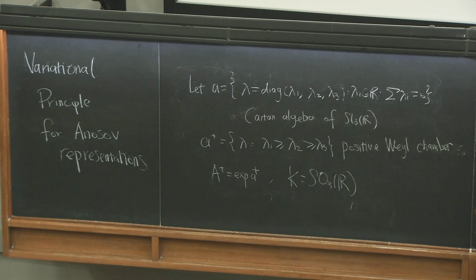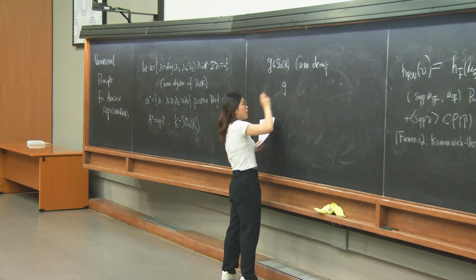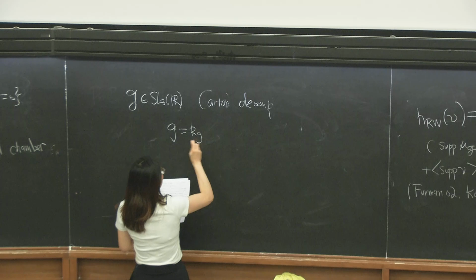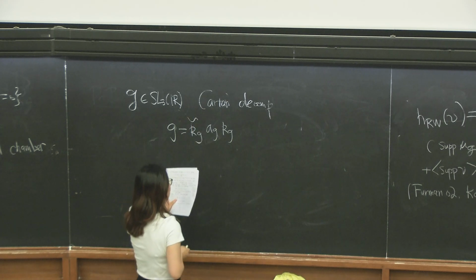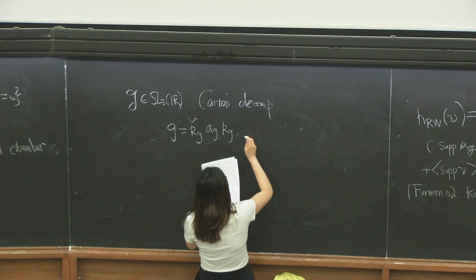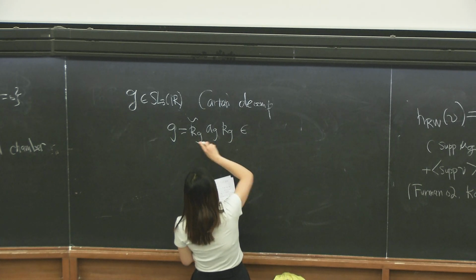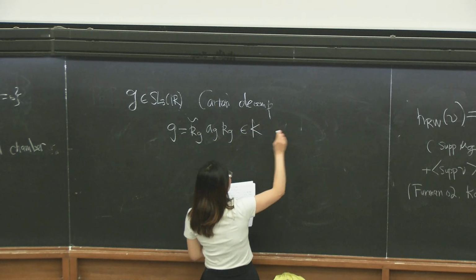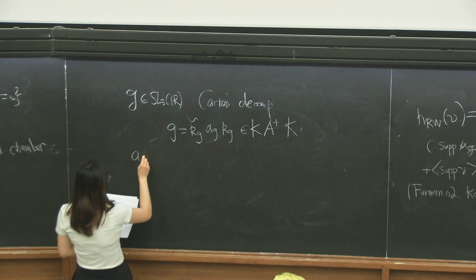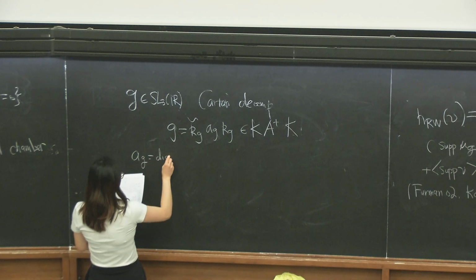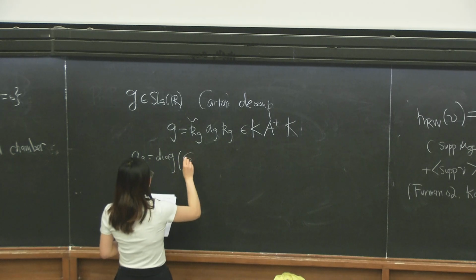Now I pick any g in SL3R. I know that it has a Cartan decomposition, which is to write g as the product k_g tilde, a_g, and k_g, where k_g tilde and k_g are in K, and a_g is in A plus. Actually this a_g is just the diagonal matrix of the singular values.